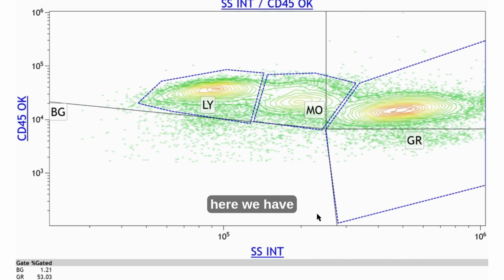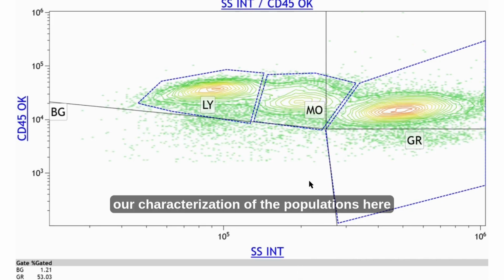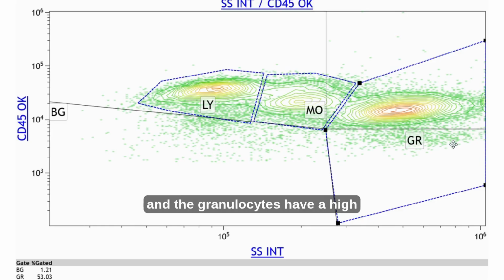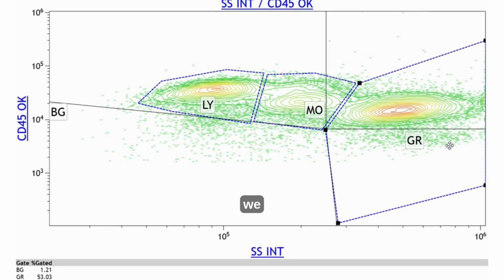Here we have our characterization of the populations. Here are the lymphocytes, which are high CD45 with a low side scatter. In between, there is the gate for the monocytes, and the granulocytes have a high side scatter.